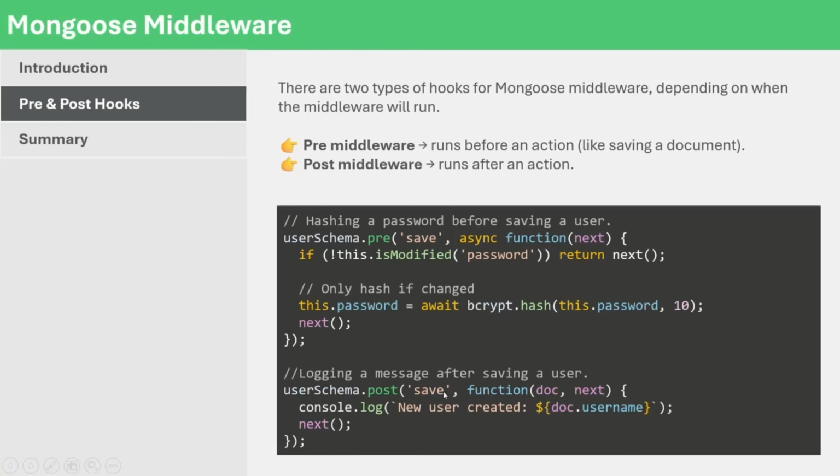Because in the documentation, we learned that for the save operation, we create a document middleware. But for find, findOneAndUpdate, findOneAndDelete, for those, we create a query middleware. So here we are creating a post-hook for the save operation. So once a document is saved in the user collection, after that, this function will be executed.